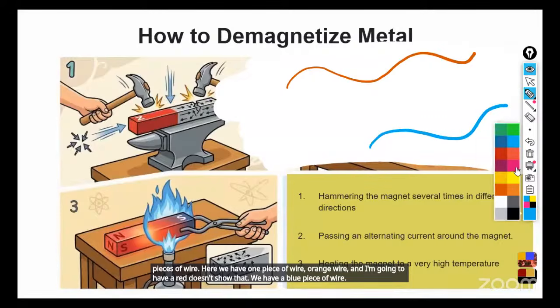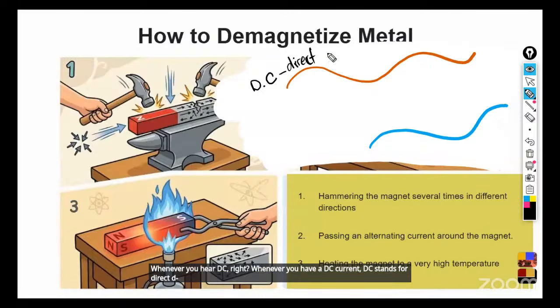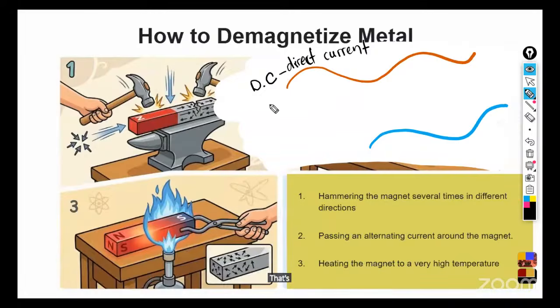Whenever you hear DC, whenever you have a DC current, DC stands for direct current. That's what the abbreviation stands for. And DC means one direction.